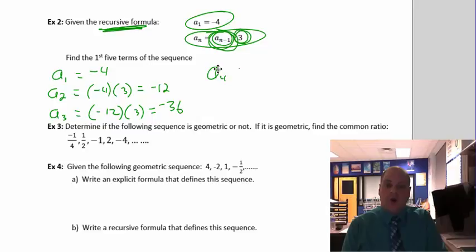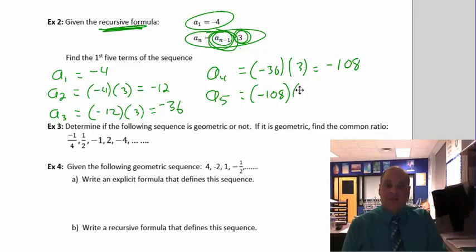A sub 4 is going to be the previous term, -36 times 3. You just keep multiplying by 3, -108. A sub 5 is going to be the previous term, -108 times 3, and that's going to be -324. All right, so I have my first 5 terms, -4, -12, -36, -108, -324.